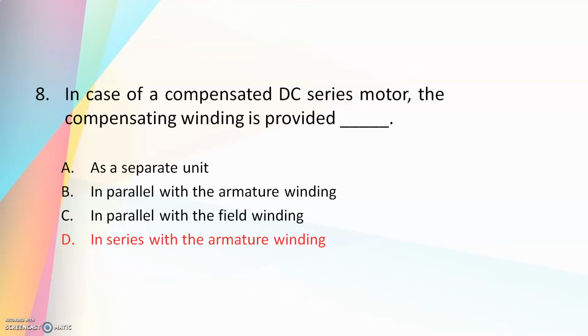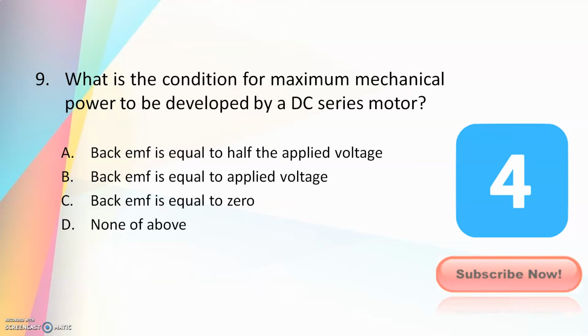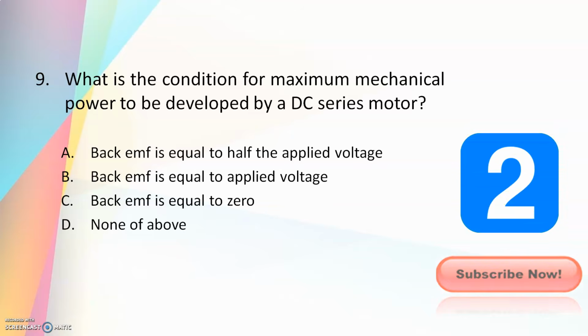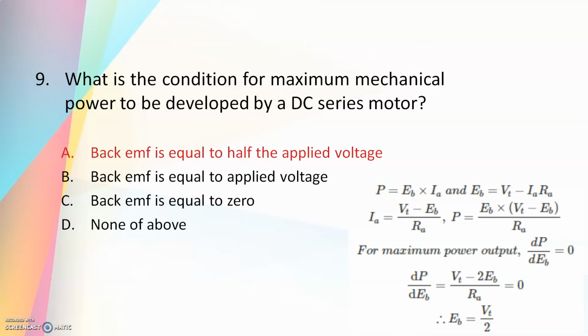Now the ninth question. What is the condition for maximum mechanical power to be developed by a DC series motor? Back EMF equal to half the applied voltage, back EMF equal to applied voltage, back EMF equal to 0, none of the above. And the answer is back EMF equal to half the applied voltage.